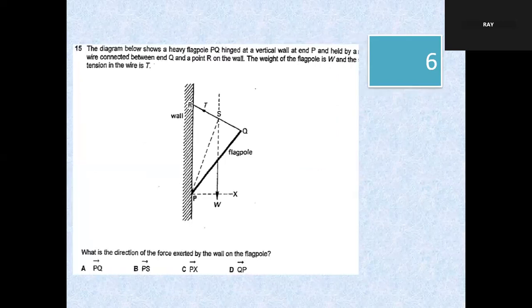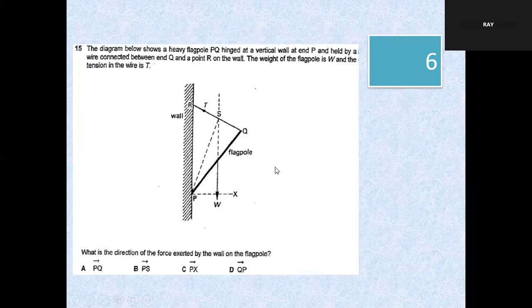How about this one? The diagram below shows a heavy flagpole, PQ, hinged at a vertical wall at P, and held by a wire connected between Q and point R on the wall.